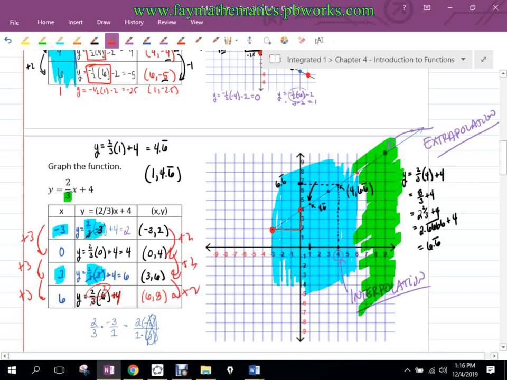Do I go up 2? So to get from that point there to that point there, the x value changes by 3, the y value changes by 2. Over 3, up 2. Over 3, up 2, right? So that's, you guys talked about that being slope in the past, rise over run. It's that common difference, the change in x's compared to the change in y's. Well, all right?